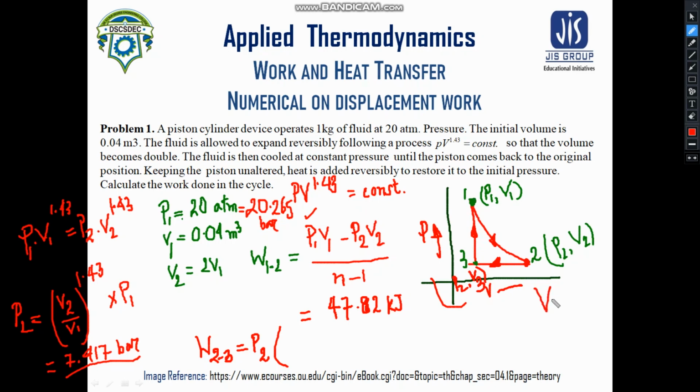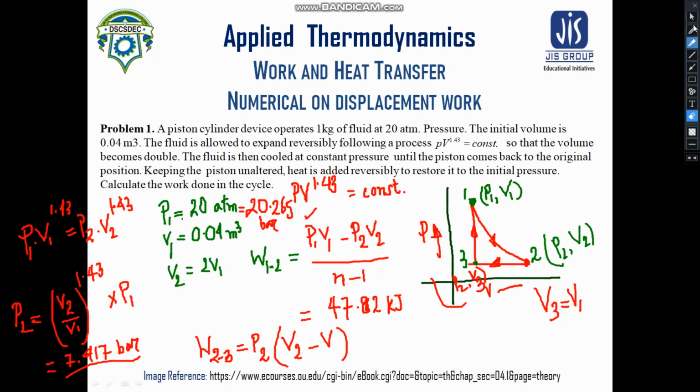So V3 is equal to V1. So the work done will be calculated by the formula V2 minus V3, and this V3 is nothing but V1.